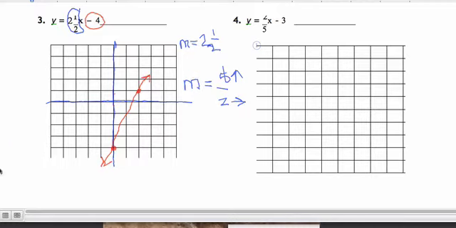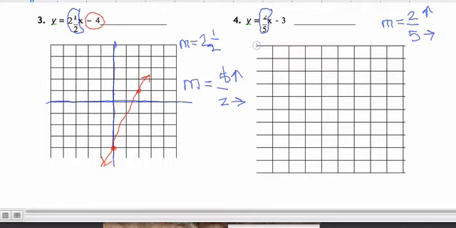Now let's look at our last example. The slope is 2 over 5. So m equals 2 over 5. That means I'm going to go up 2 and to the right 5.